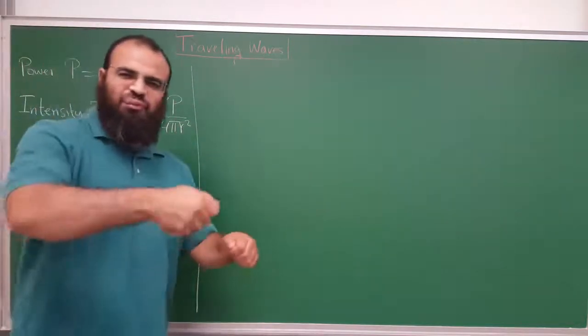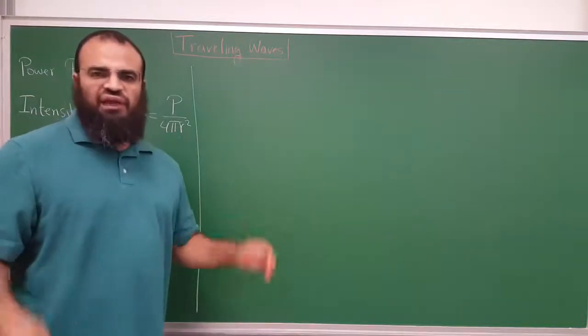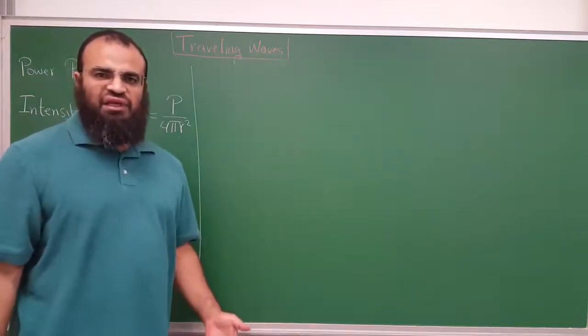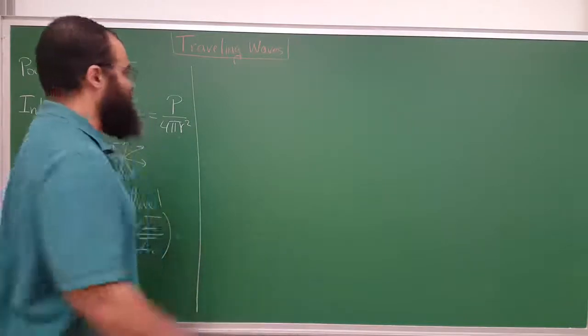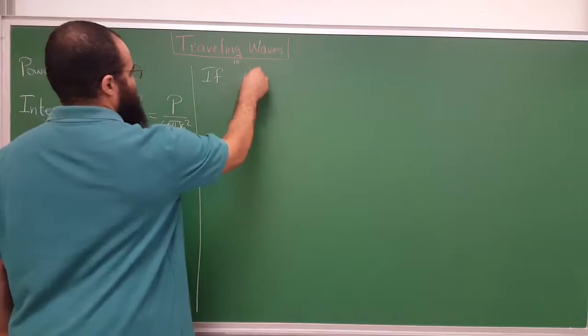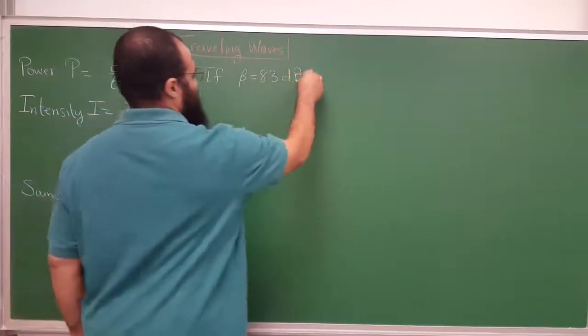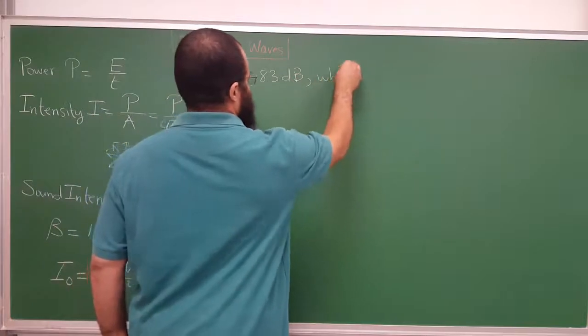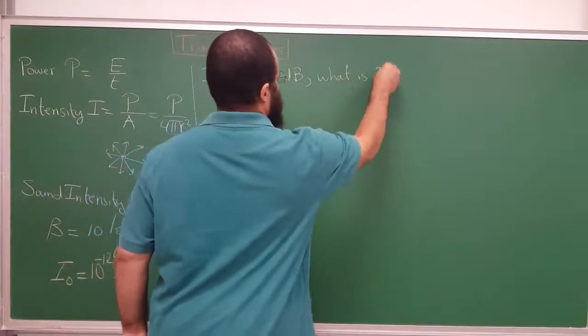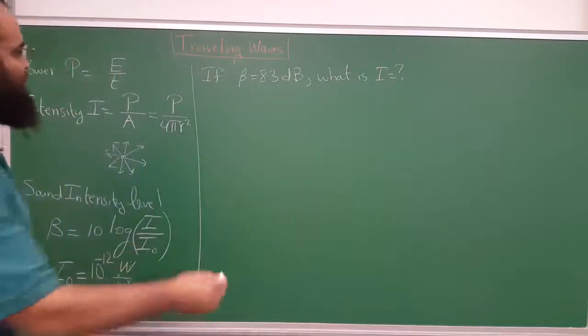Suppose you turn on a blender. They're usually pretty loud. Let's say the intensity level beta is 83 decibels. What is I? What is the intensity? Well, we use the definition.